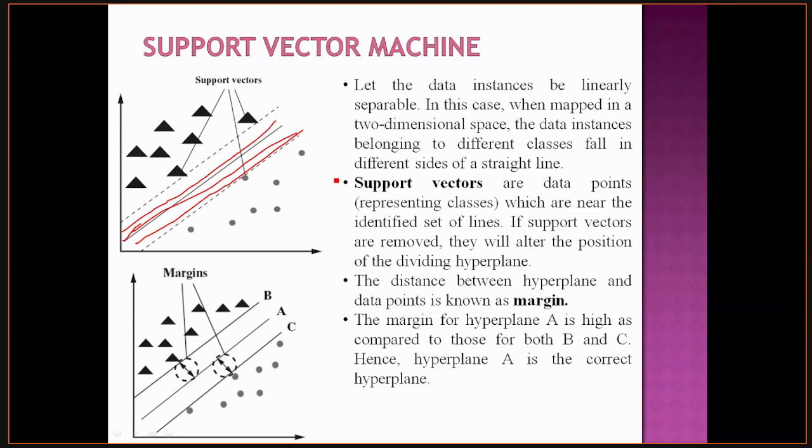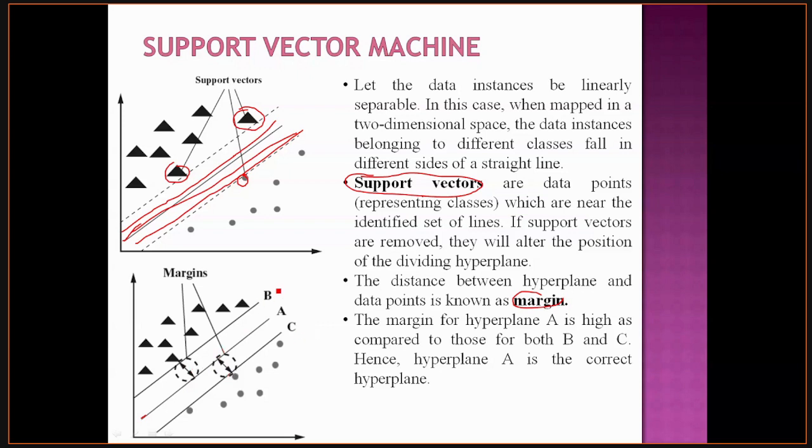For that, two concepts are being used. One is the concept of support vectors. We choose certain instances of the training data as support vectors, and then we also use the other concept, which is the margin. We try to see, for each of the straight lines, what is the distance from the straight line to the different support vectors.